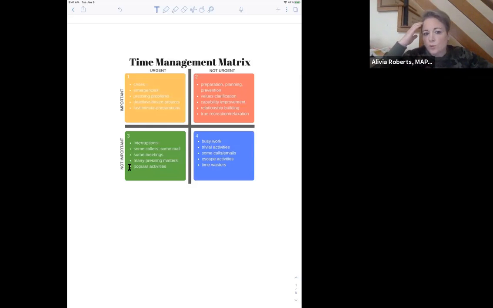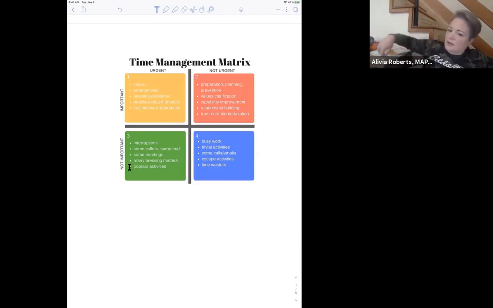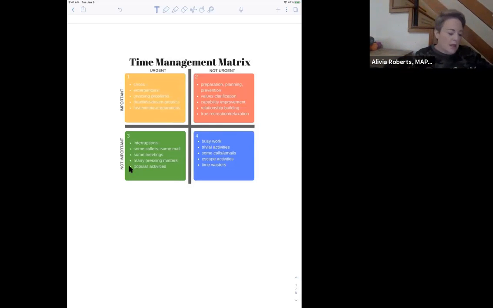Now we're going to do a quick recap when we look at this time management matrix. And again, we're pulling from this book. So the first in the time management matrix, right?